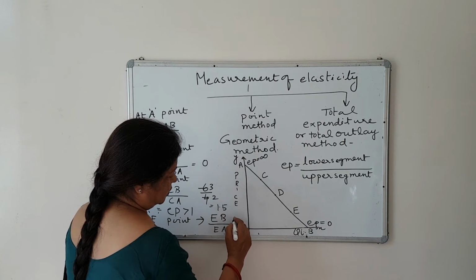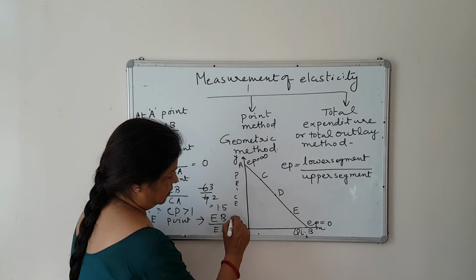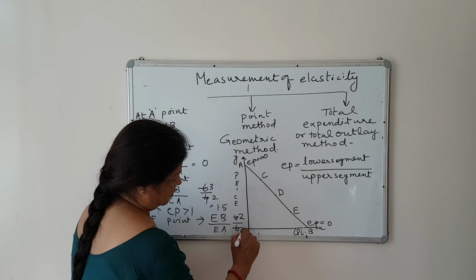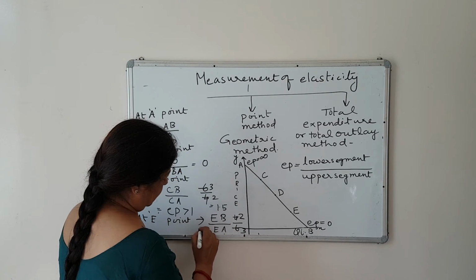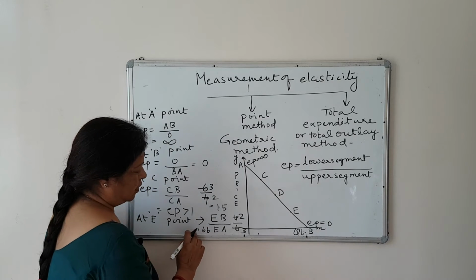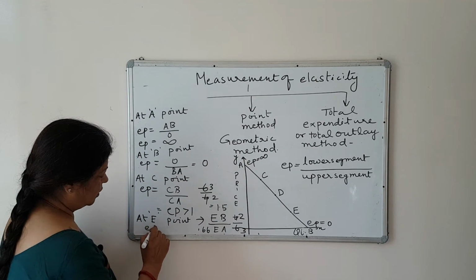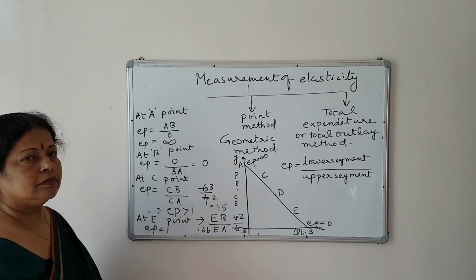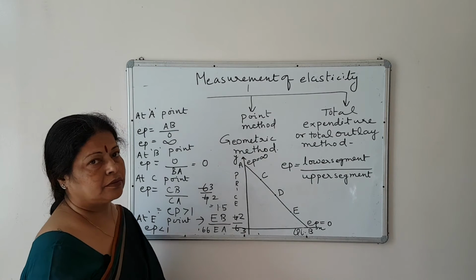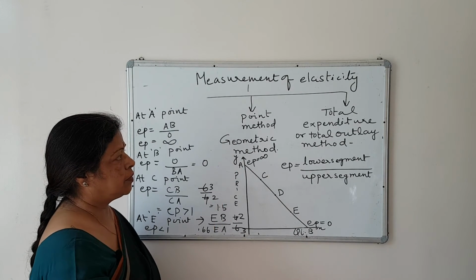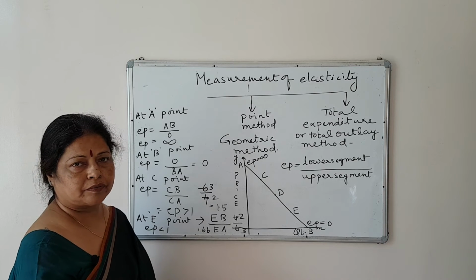Just take the previous example, 4 divided by 6, which is 2 by 3, so it can be 0.66. If your answer comes less than 1, you can write EP is less than 1. So in a straight line demand curve, with the help of the point method, elasticity is measured in this way.